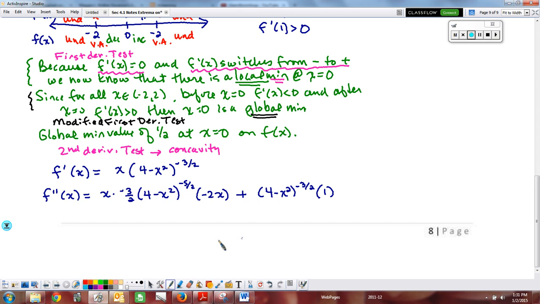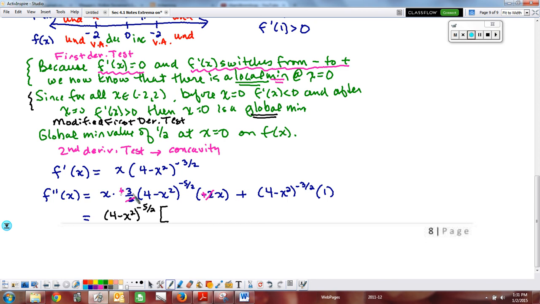Now when you get to here, this is where you're going to work on your simplifying skills. First off, I'm going to look for things that cancel. So this 2, this negative, and that 2 are going to go away. I look for common factors, and I do have a common factor of 4 minus x squared. The smaller power is -5/2, so we're going to pull that out.